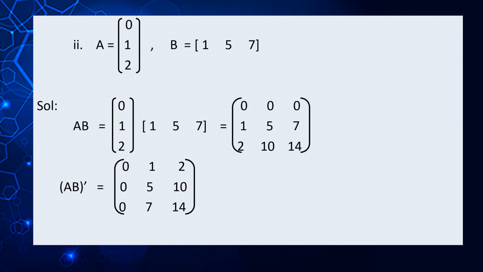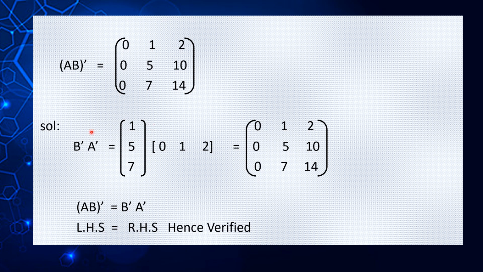Now consider the RHS part, that is B transpose A transpose, that is 1 5 7 into 0 1 2. Now 1 into 0 0, 1 into 1 1, 1 into 2 2, 5 into 0 0, 5 into 1 5, 5 into 2 10, 7 into 0 0, 7 into 1 7, 7 into 2 would be 14.